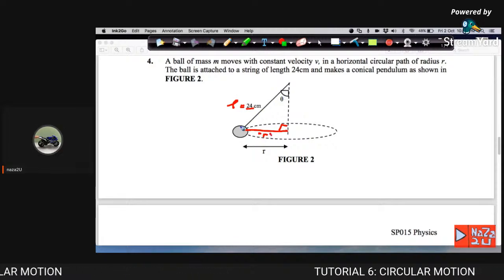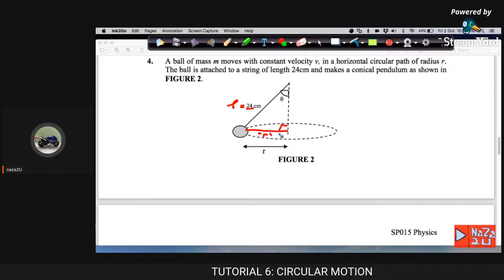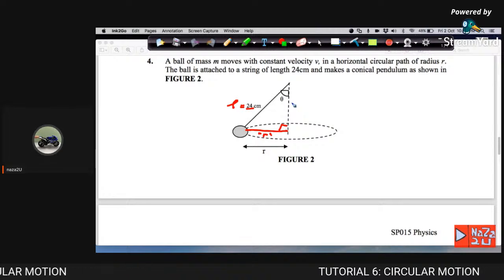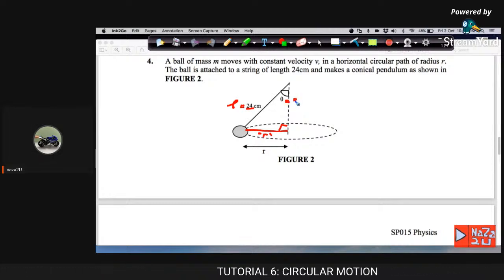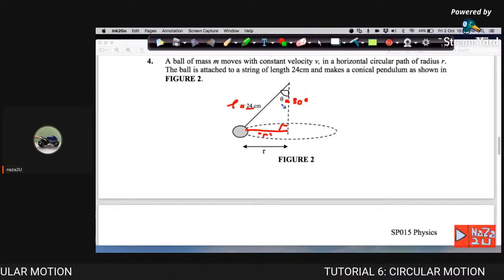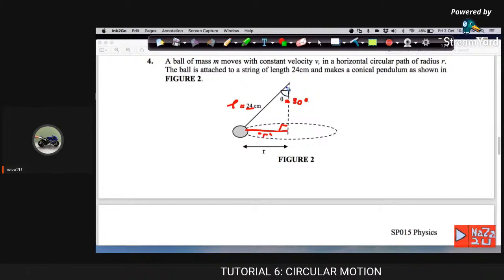So you can use the triangle here. Let's say this is theta. Theta is given as 30 degrees, right? So in the triangle, you can use sine theta. Sine theta is the opposite divided by the hypotenuse.